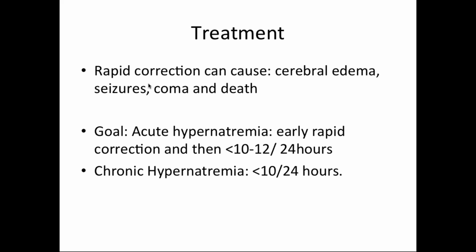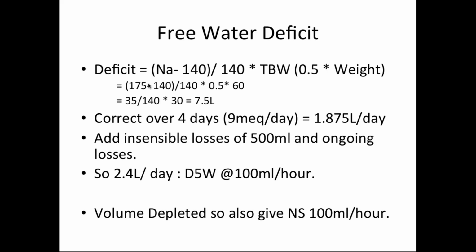And for someone who has chronic hypernatremia, or you don't know how long their hypernatremia has been there, the goal is to correct them less than 10 over the first 24 hours. The data behind this is not very good, and this is extrapolated from the hyponatremia data as well as from animal data, but this is the best goal of treatment that we have.